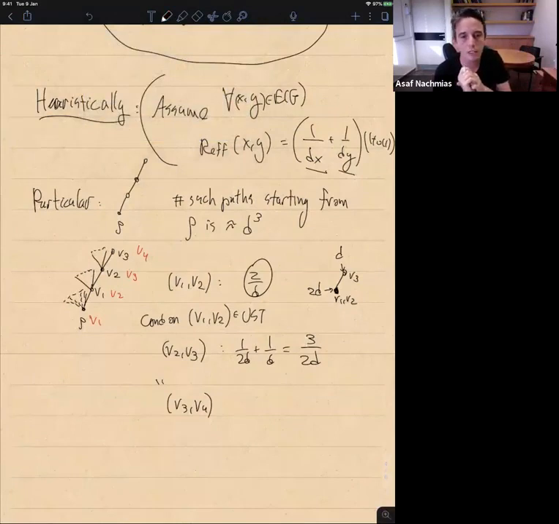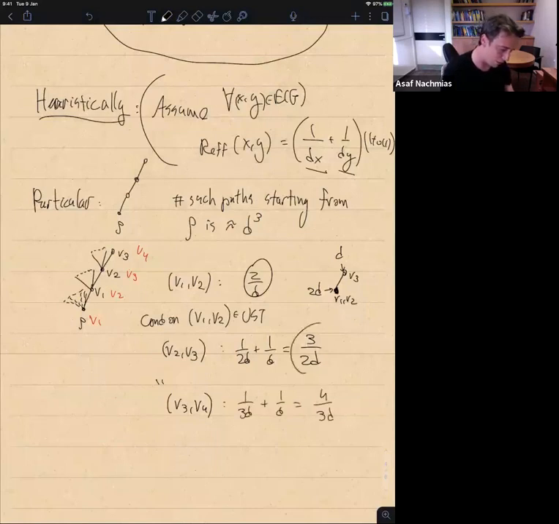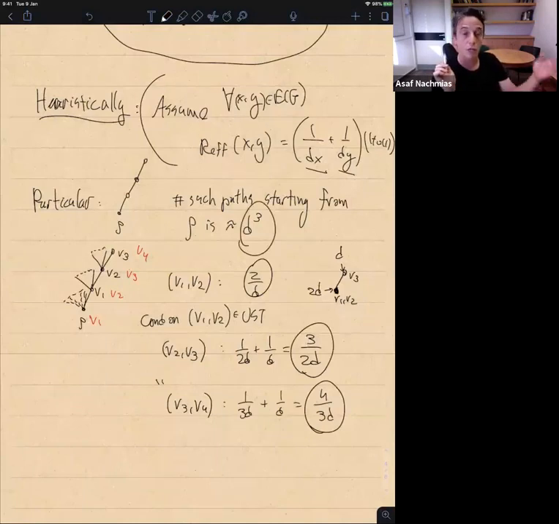It's the same deal. We have shrunk v1, v2, v3. We have a vertex of degree 3d, and the fourth vertex has degree d. So it will be 1 over 3d plus 1 over d, and this is 4 over 3d. Of course, I have to multiply all these numbers. Everything I'm drawing a circle around, I will eventually multiply. Everything that I'm doing here is conditional.